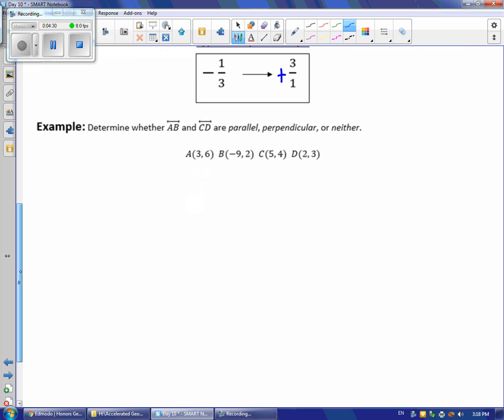So let's look at another example. Determine whether lines AB and CD are parallel, perpendicular, or neither, meaning they intersect in no special way. So I'm going to label my x1 and y1 for AB and figure out the slope.